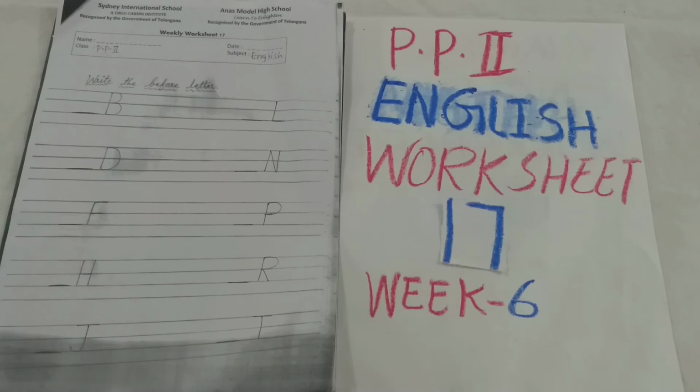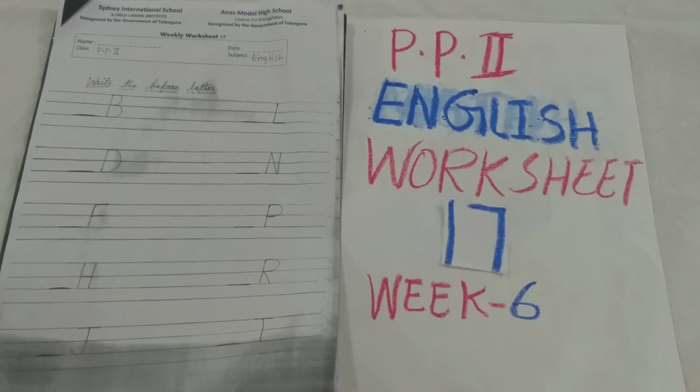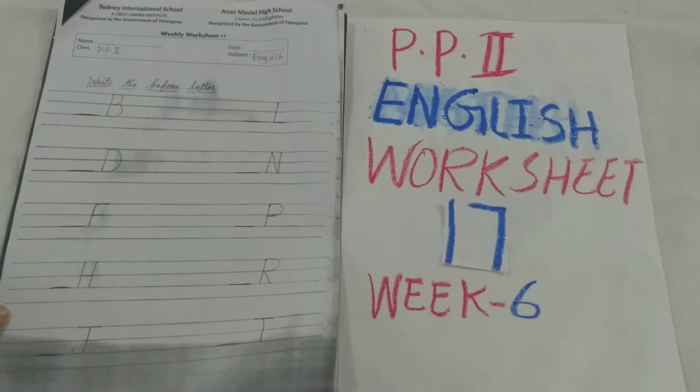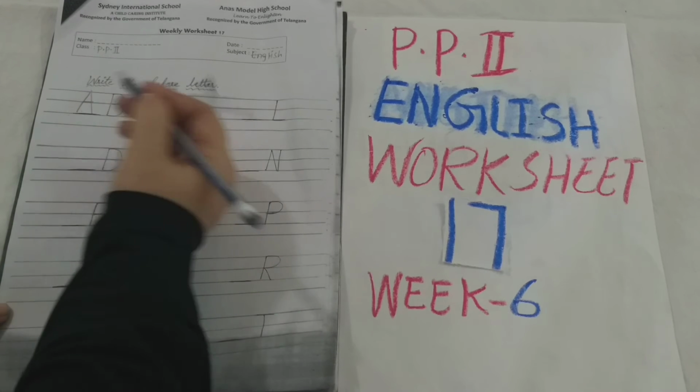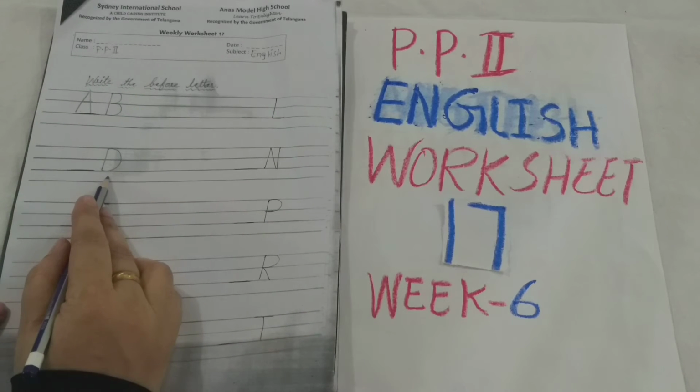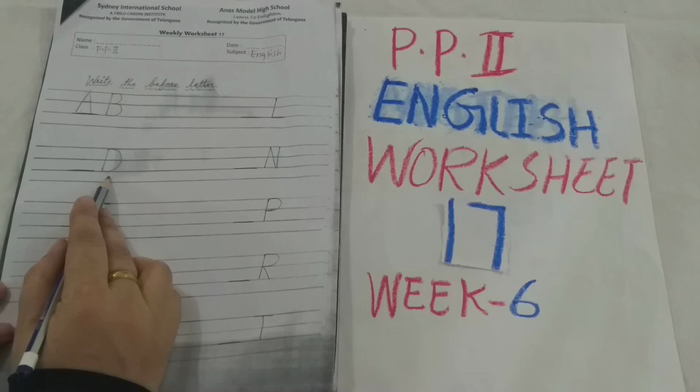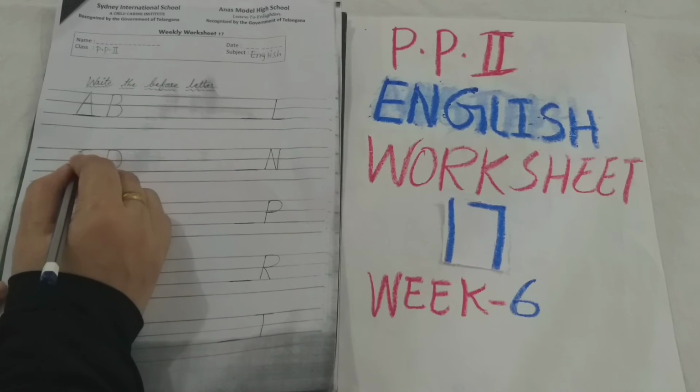Before B, which letter is going to come in the dash? Correct letter you have to write here in the dash. B before A. Very good. Write here A in the dash. Now D is here. D before, write it down C in the dash.